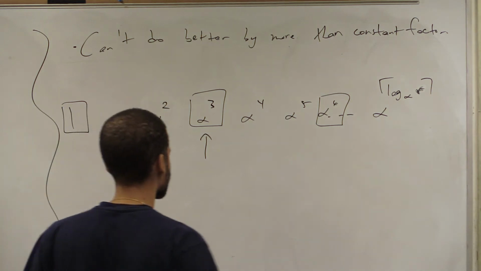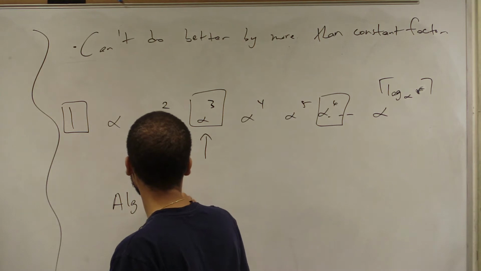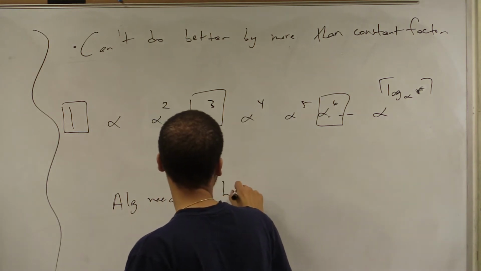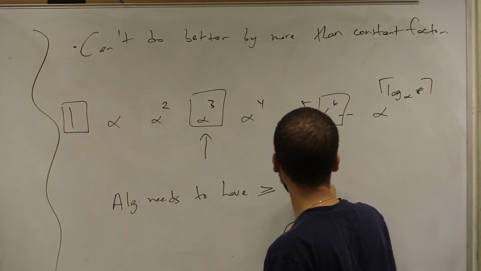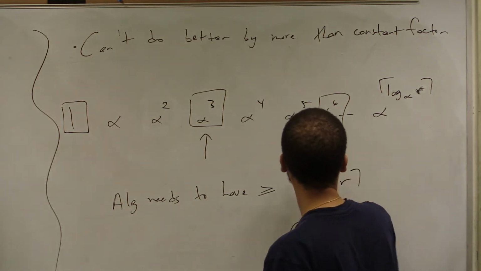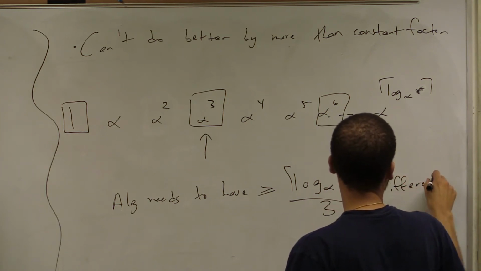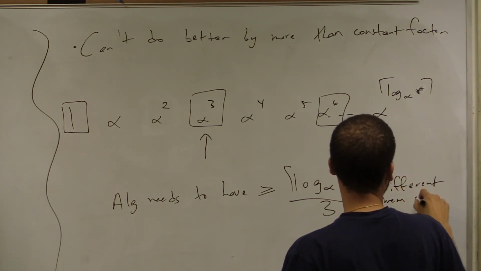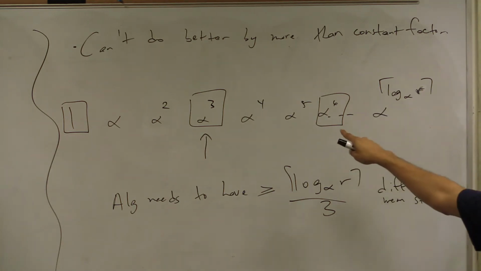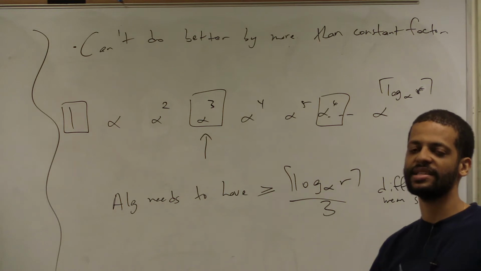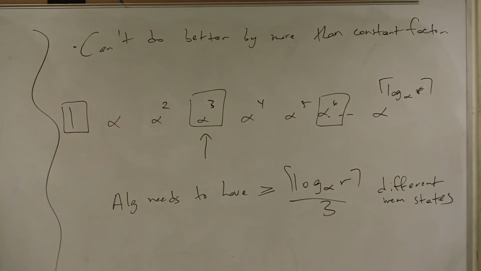So that means my algorithm needs to have at least log base alpha of r over 3 different memory states. Because otherwise, 2 of these box things would have the same memory state, and I get the same answer, but that same answer can't be within alpha of 2 different box numbers.